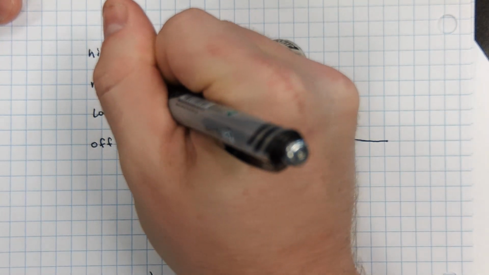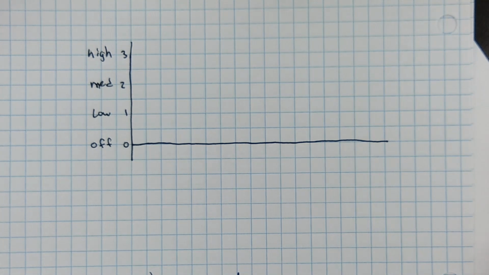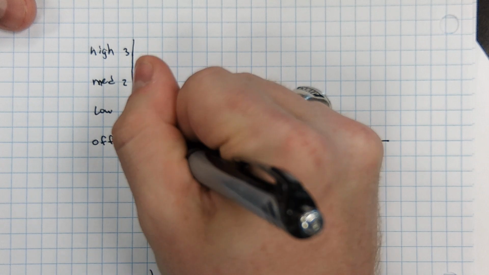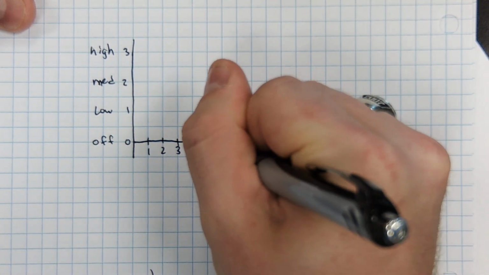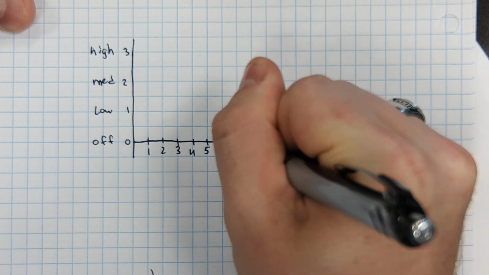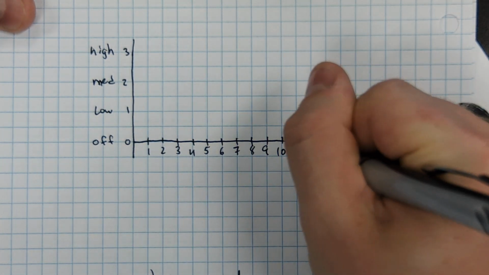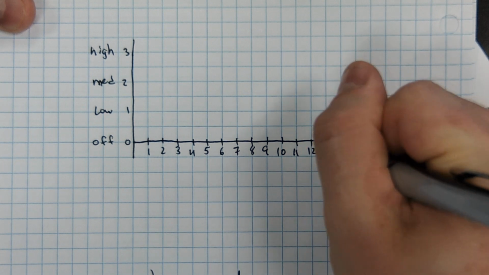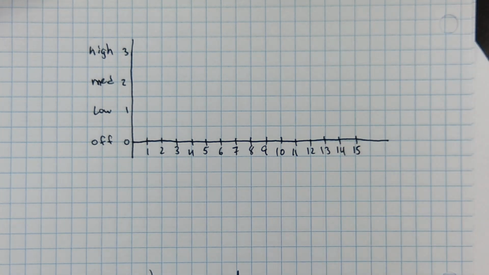0, 1, 2, 3. So let's say that these speeds are 0 through 3, okay? These are chain pulls. All right.